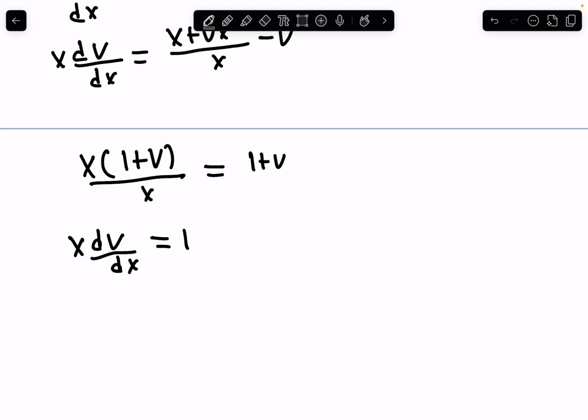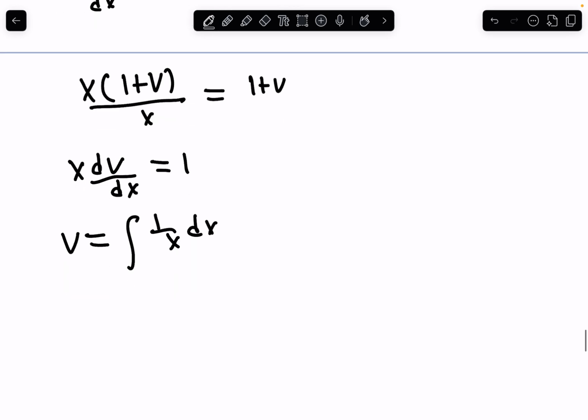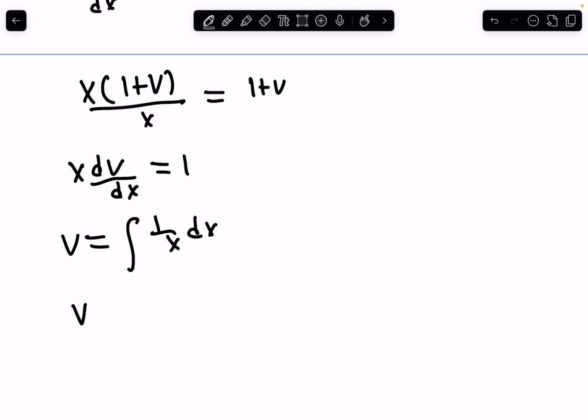So you send everything to the x side, so if we integrate, v will be equal to the integral of 1 over x dx. And here we want to use the integration constant, so v equals ln x plus c.